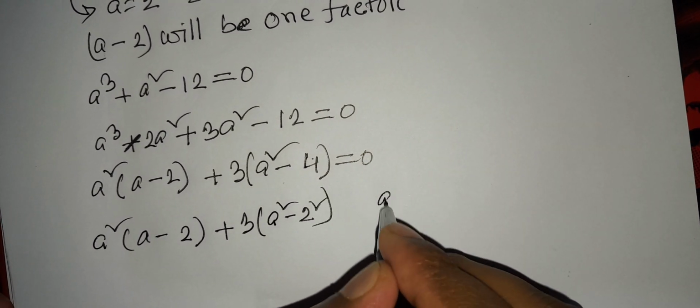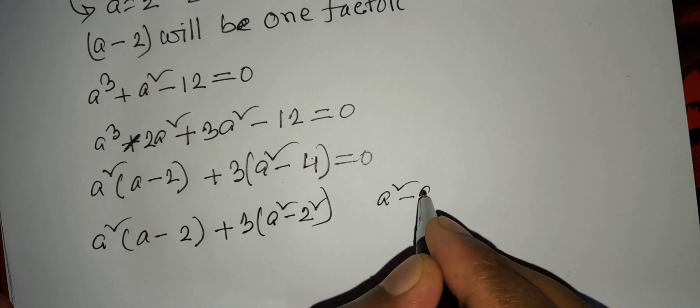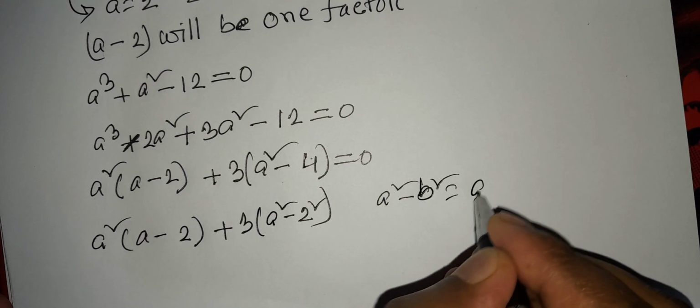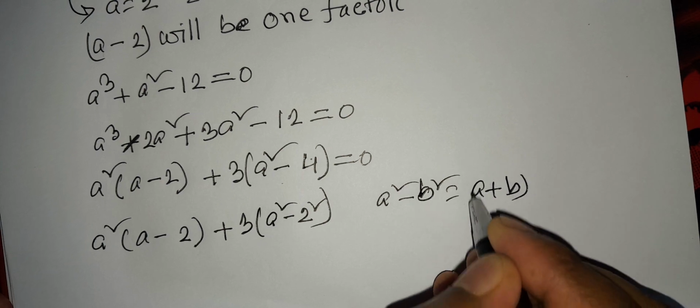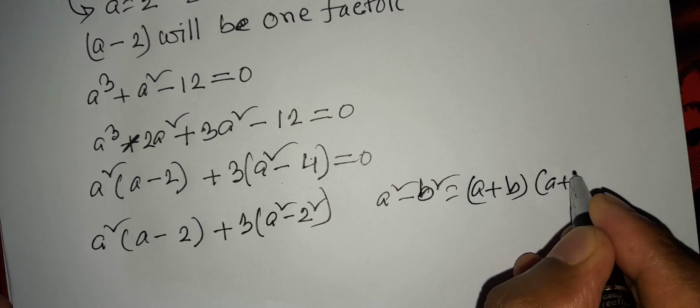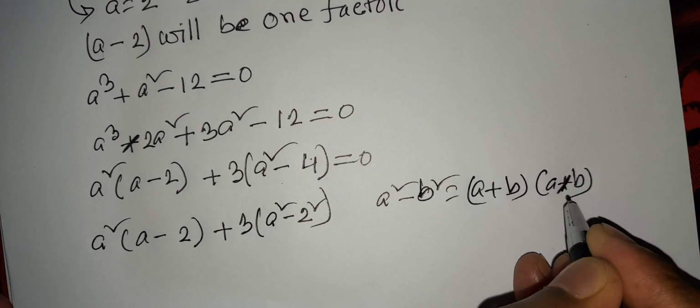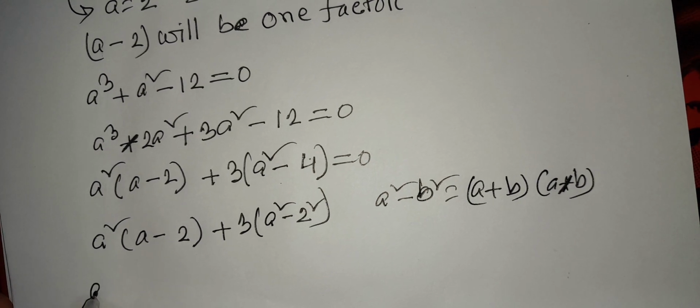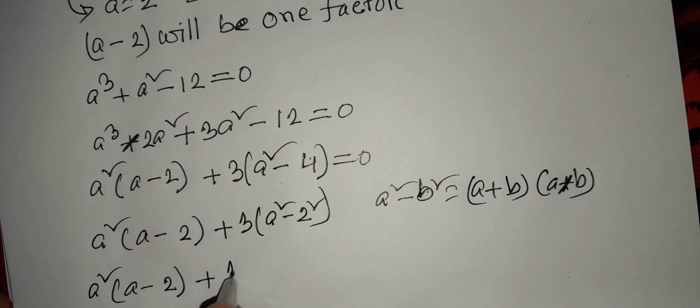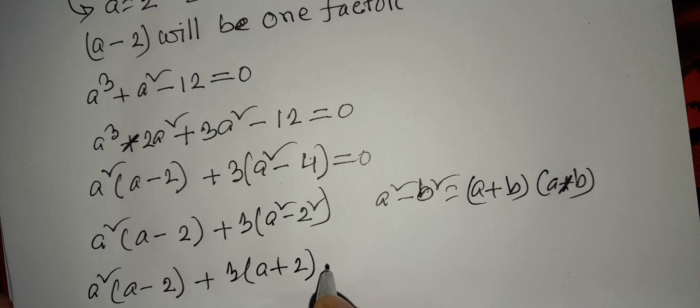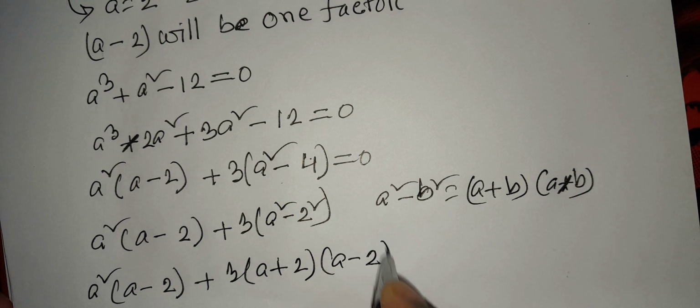We use the formula a square minus b square is equal to a plus b times a minus b. So we get a square times a minus 2, plus 3 times a plus 2 times a minus 2, equal to 0.